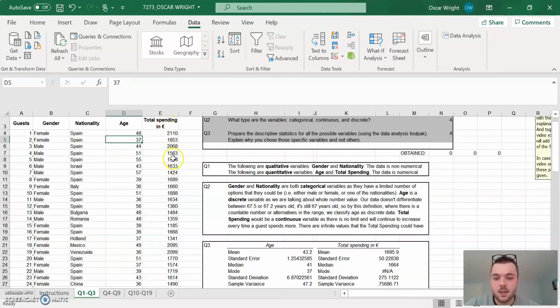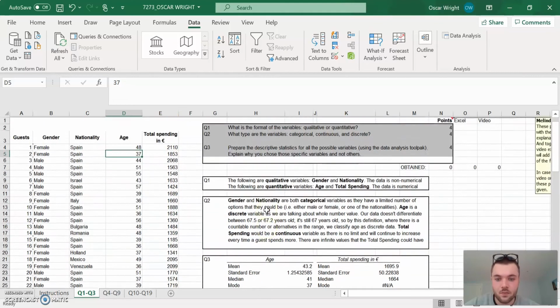Then the total spending, this is continuous as there's no limit and could increase every time a guest spends more. It's a continuous scale, and there are infinite values that the total spending could have, therefore we would say it's a continuous variable.